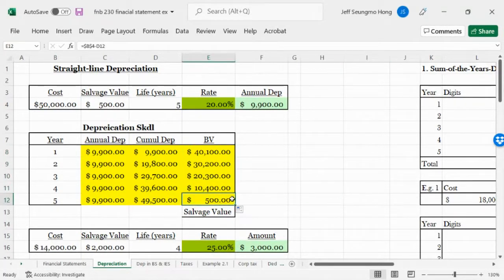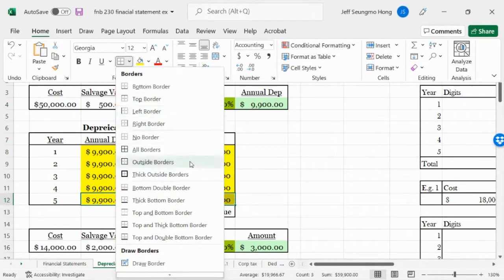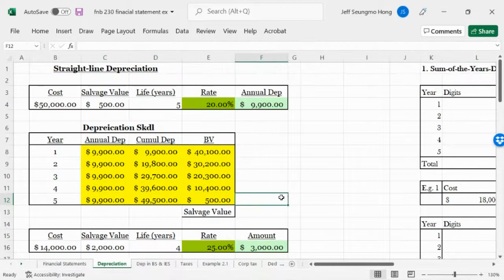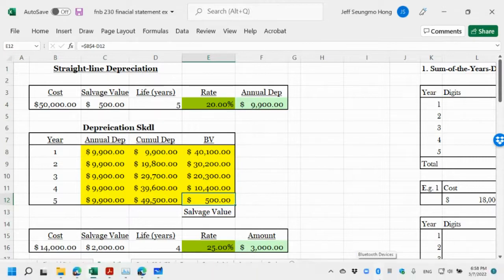Then by the end of year 5, the book value must be exactly the salvage value. It should be equal to salvage value. If you build it like this, you will always end up with the salvage value. The book value will always end up at the salvage value. Otherwise, it's wrong. And this becomes more important when we come to accelerated depreciation.